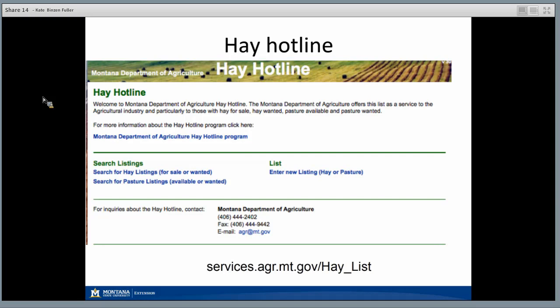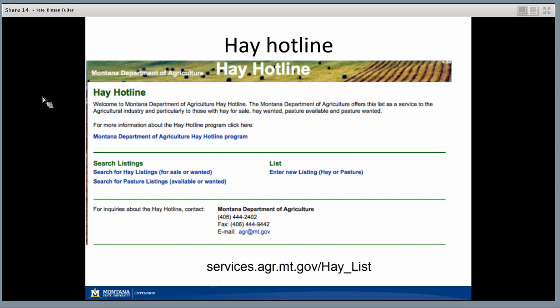The address for this website is at the bottom of this slide. We also have it on our website, which I'll go over at the end of this presentation. But the address for our website is msuextension.org/aglease, just in case you don't make it to the end.